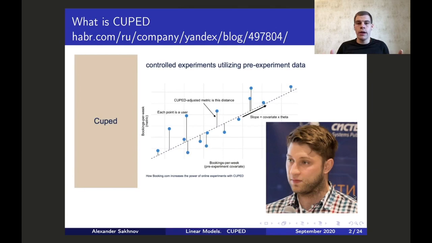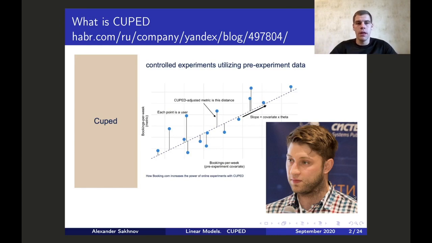Since we are in the advanced sector of A/B testing, you're supposed to know what CUPED is and how it works. But if not, I suggest you read some papers or articles, maybe watch some videos.